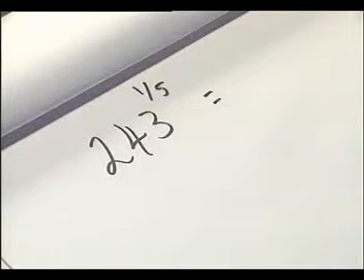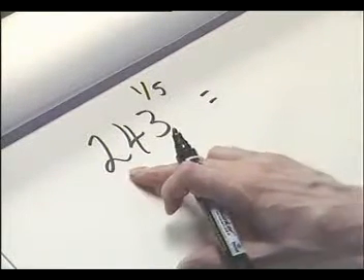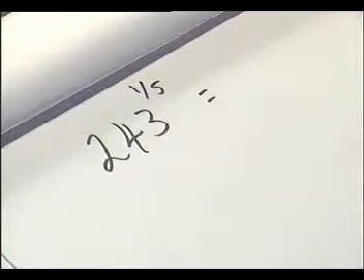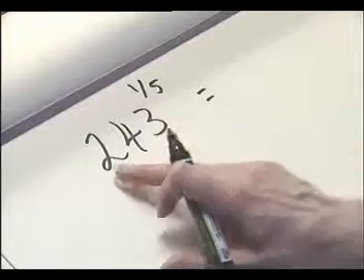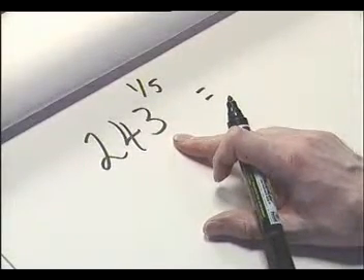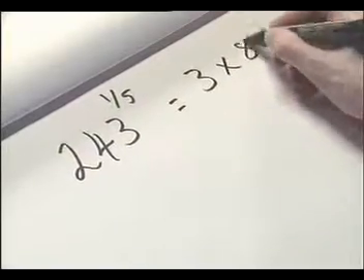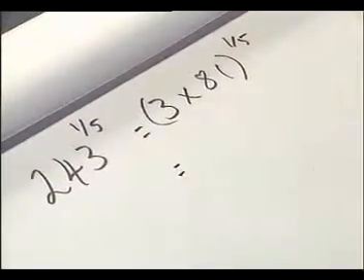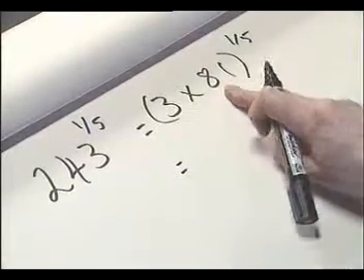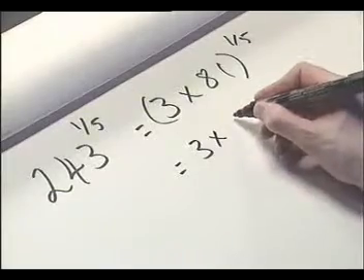What number, when multiplied by itself 5 times, will give us 243? Well, as we look at this, we can see it divides by 3, and 3's into that give us 81. So we know this is 3 times 81. 81, we know, is 9 times 9.